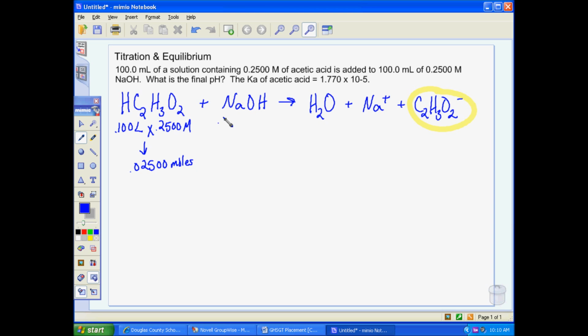Now you're adding an equal quantity of sodium hydroxide, so the math doesn't change. So in this problem, you have 0.02500 moles of both acetic acid and sodium hydroxide. Since this reaction is 1-to-1, you're going to produce the same amount of acetate.